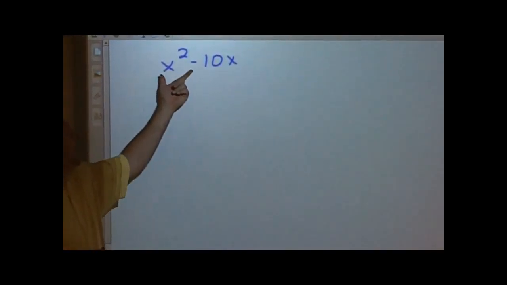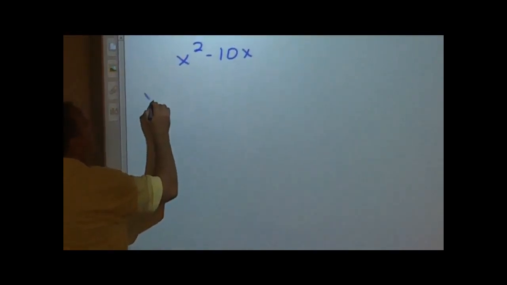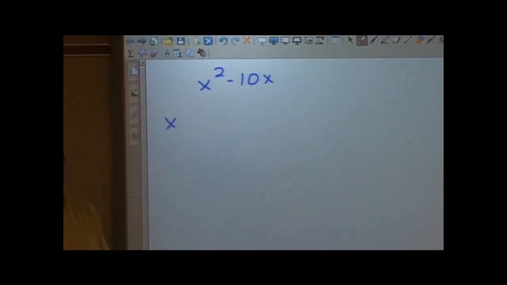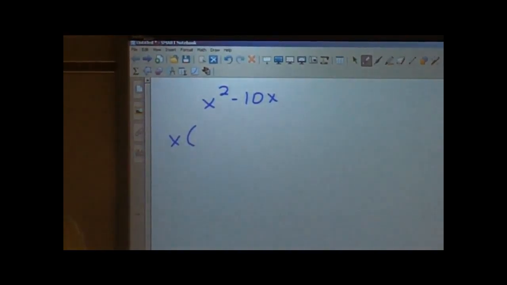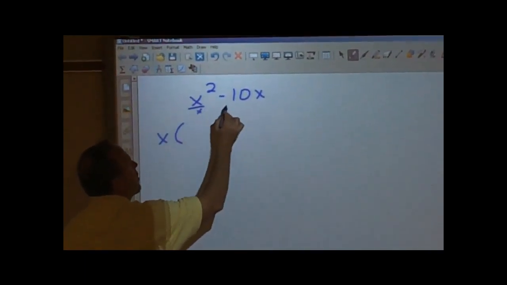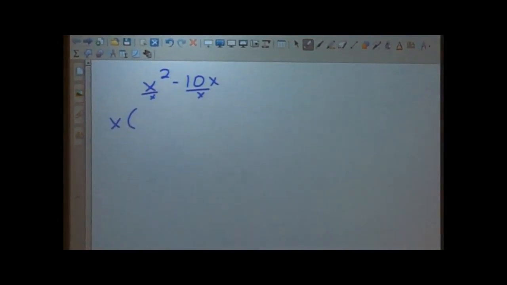What term will go into here that will also go into here? X. I write down my greatest common factor. When we factor, we're going to create parentheses. What operation am I using? Division. So what I'm really doing is dividing each term by my greatest common factor. That's factoring right there.